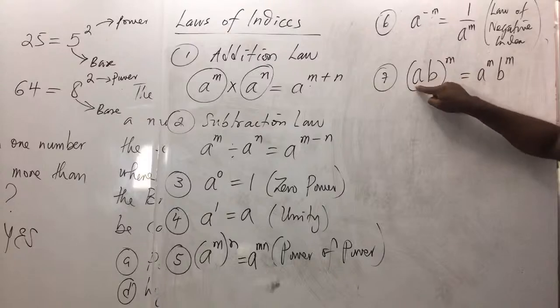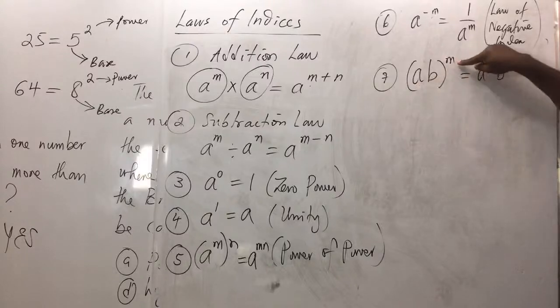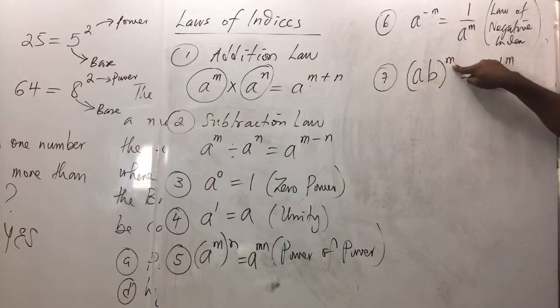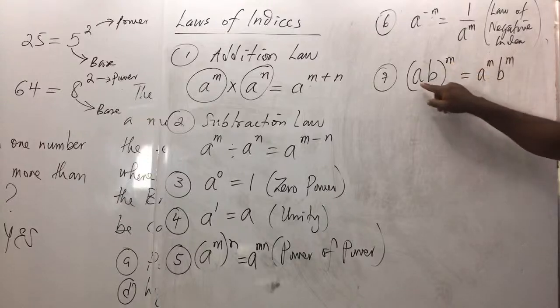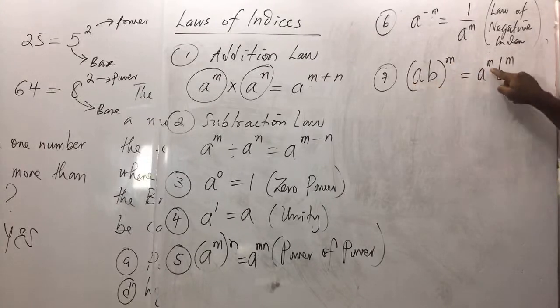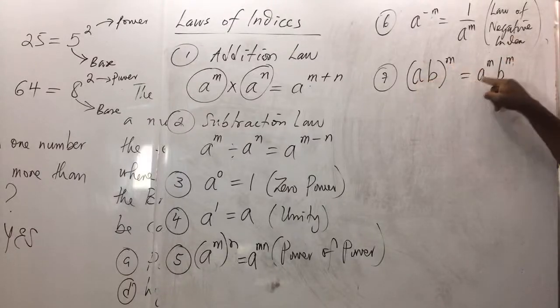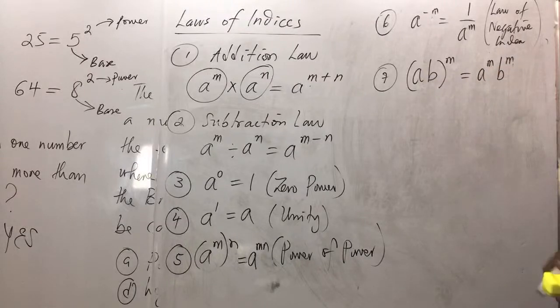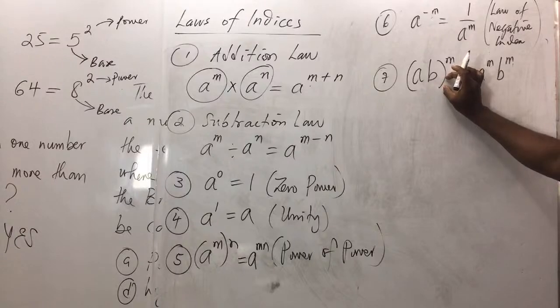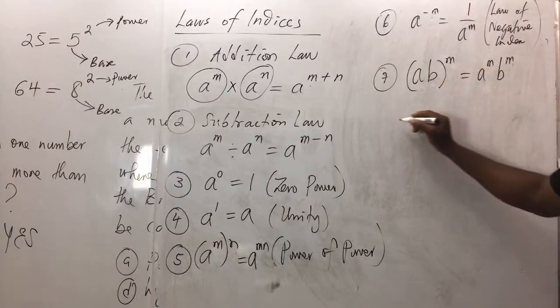When two different numbers, two different bases, in product have the same power, the result is the same as the first carrying that power multiplying the second carrying that power. So A times B raised to power m is equal to A raised to power m times B raised to power m. Now, this is one variation of this law, the law of shared power.